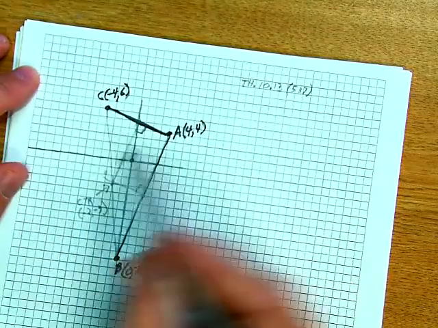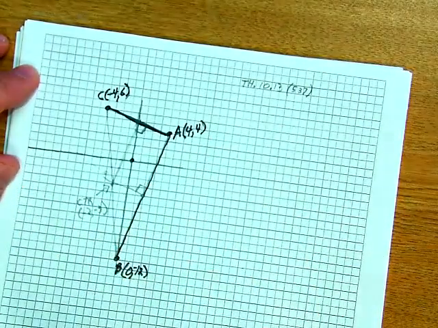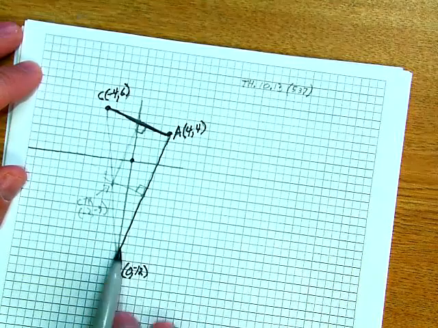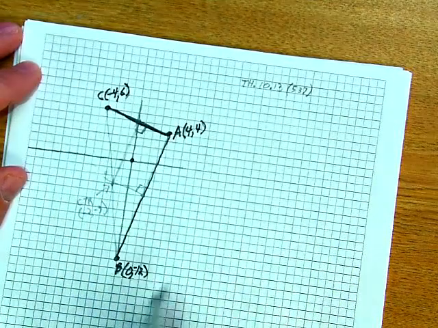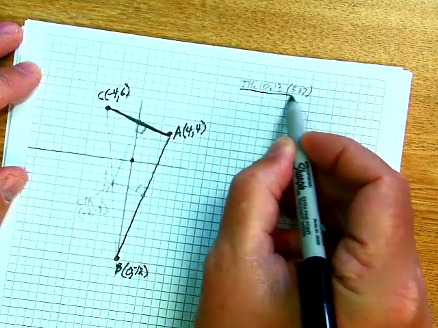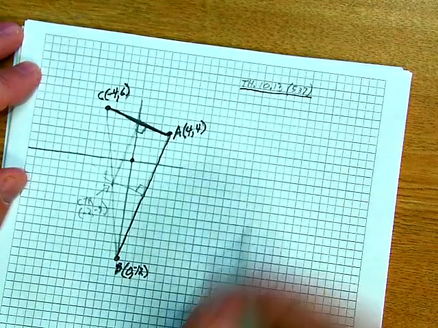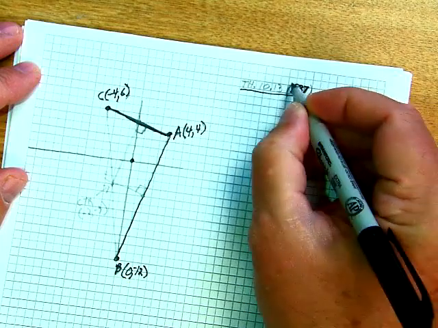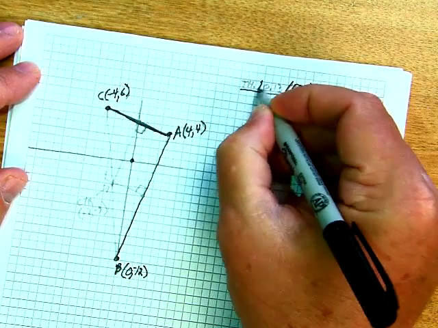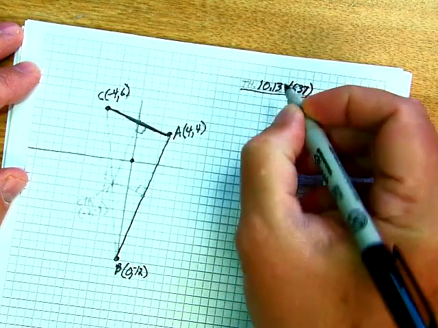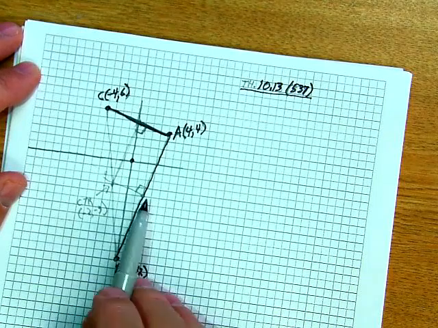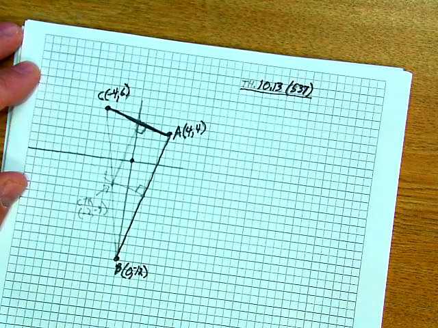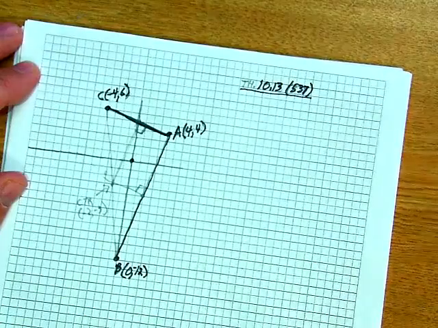Because I knew the center point is over this way. So now I've got a chord and a chord. If you go back to page 537 in your book, there is a theorem, 10.13, that states that the perpendicular bisector of a chord goes through the center point of your circle.